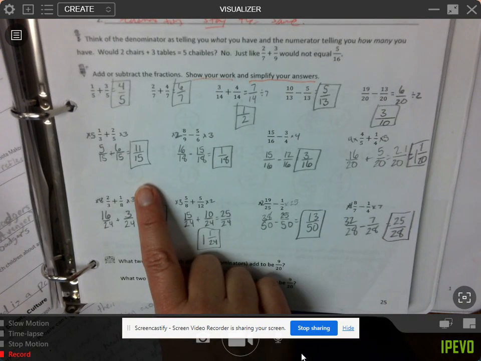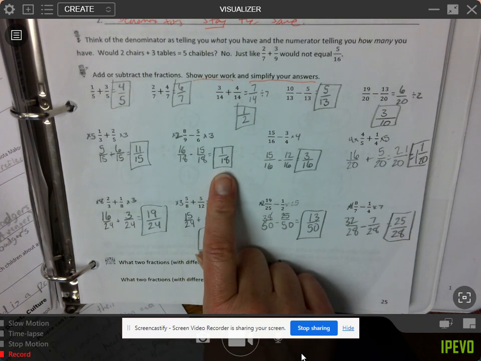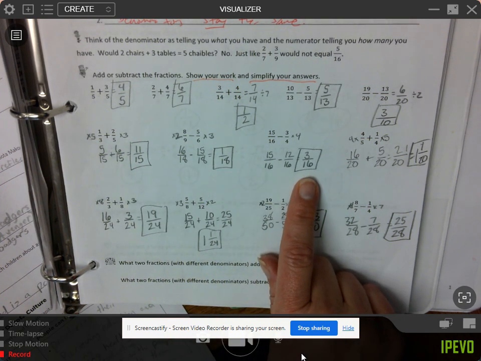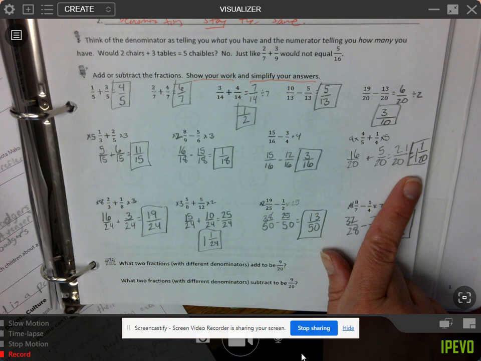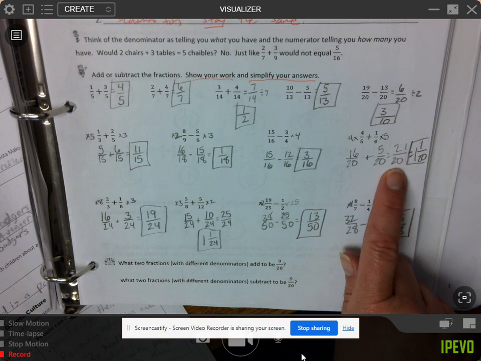All right, middle row, 11/15, 1/18, 3/16, and 1 1/20. If you left it as 21/20 and you did not turn it into that mixed number, I would be okay with that. So if you had 21/20, that would be okay.